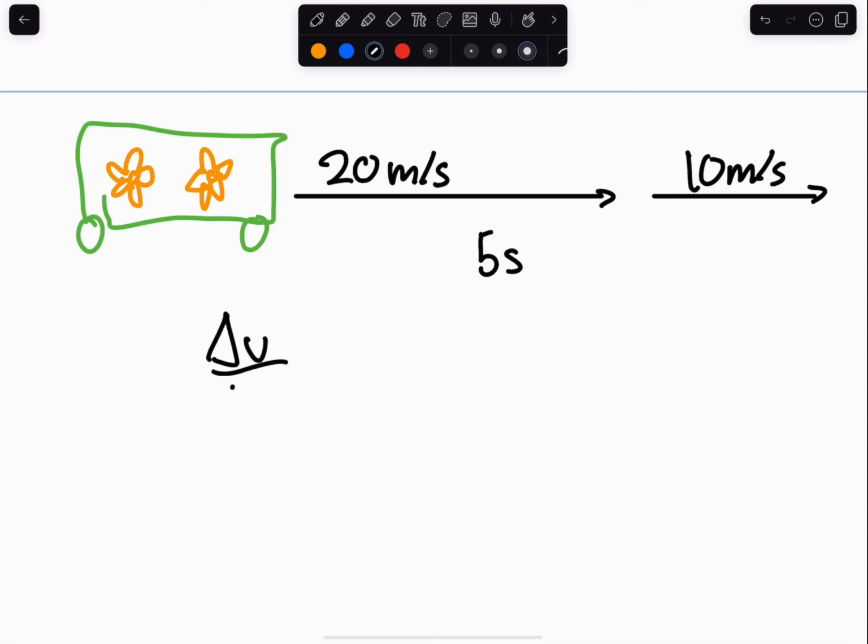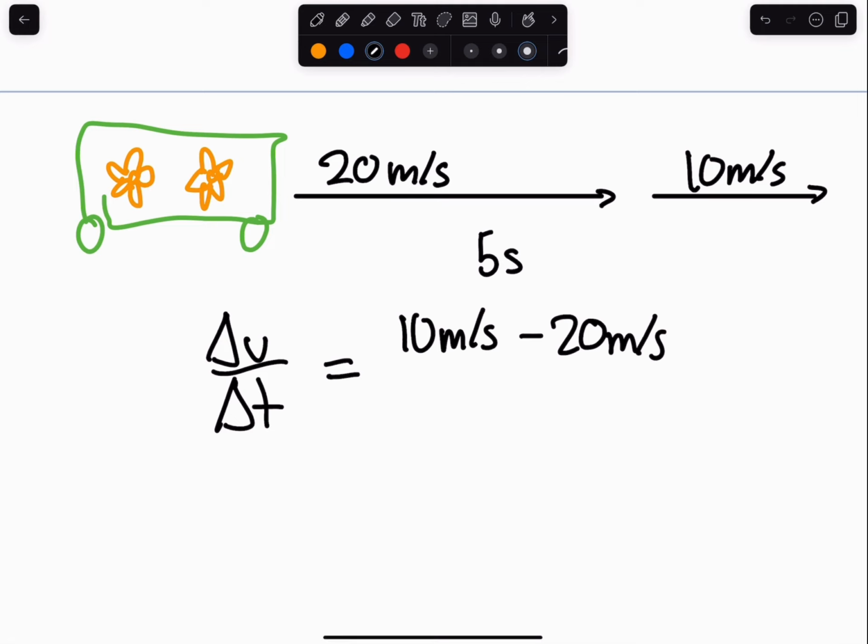Using that same equation, delta V over delta T, delta V is now going to be 10 meters per second minus 20 meters per second, because it is always final minus initial. Our delta T remains the same if we treat the first moment Fred starts braking as time equals 0, so this remains 5 seconds minus 0 seconds.